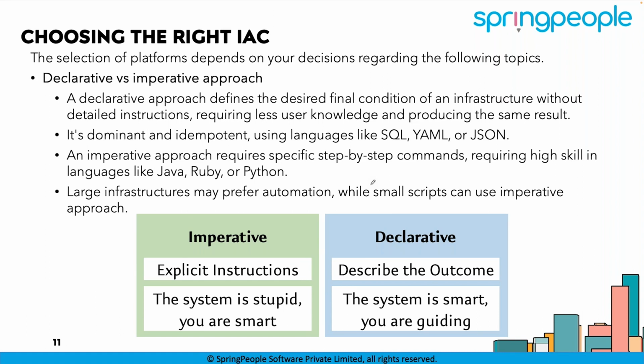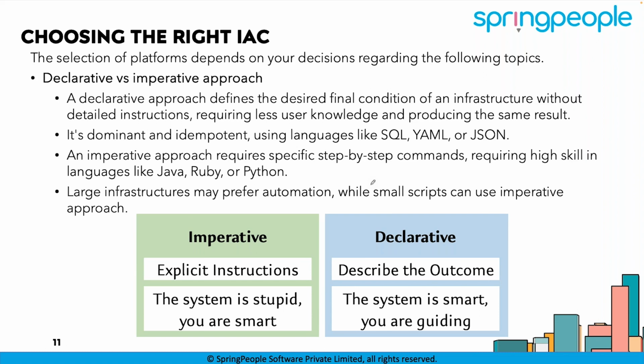Idempotent means when I start the configuration, as I need 5 instances of X configuration, 2 instances with Y configuration, and when I change that Y configuration into two different configurations with Z, and when I run the code again, it will not make any harm to those X configurations. That is called idempotent. You can run the code 10 times. If the code and the state of the infrastructure are the same, it is not going to harm or change anything. It is not going to recreate. So that is called idempotent.